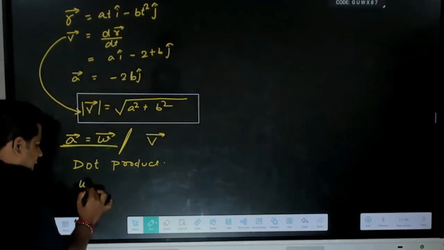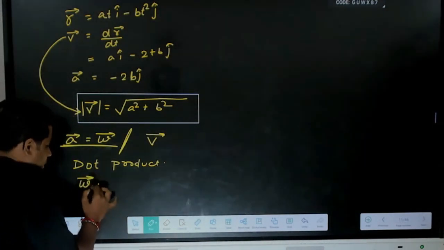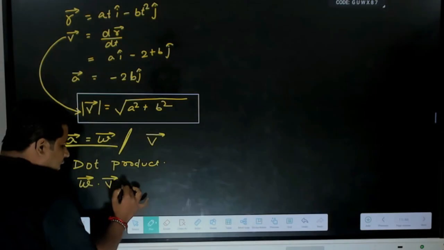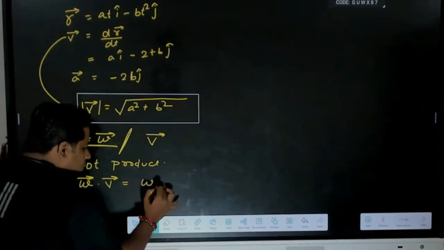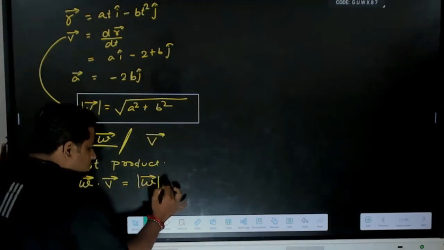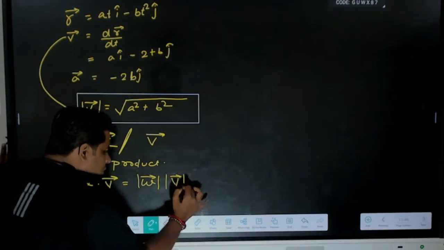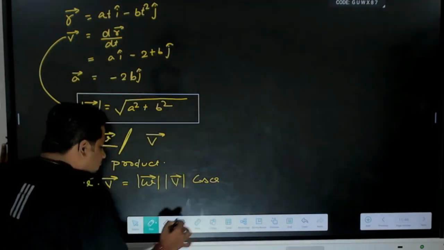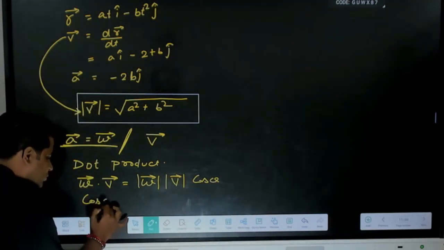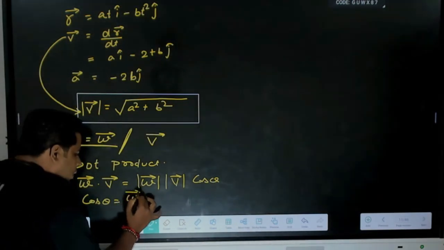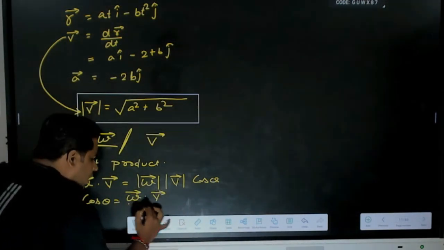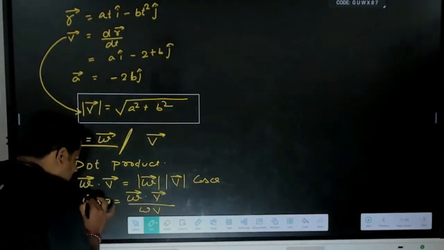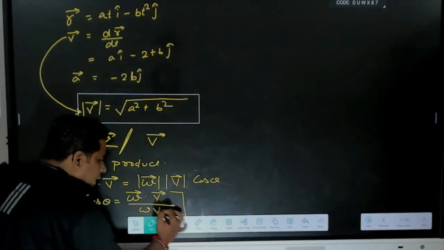So we can write the acceleration vector dot velocity vector equals omega magnitude, velocity magnitude, cos theta. So cos theta will be written as omega dot velocity vector upon omega v. So this is the key point.